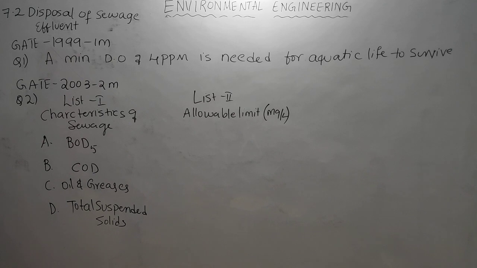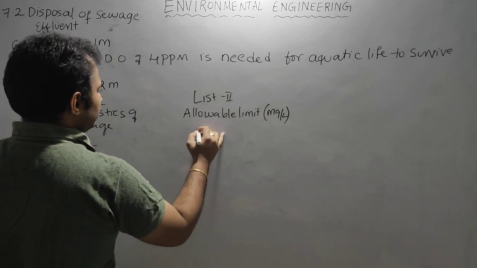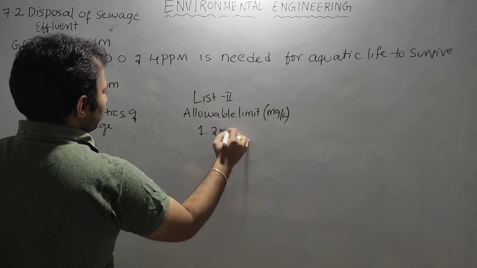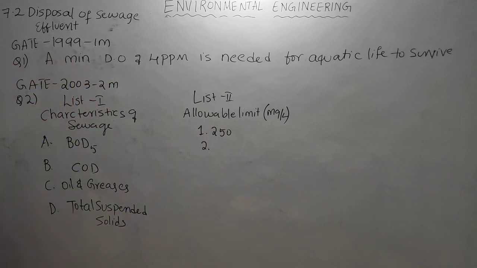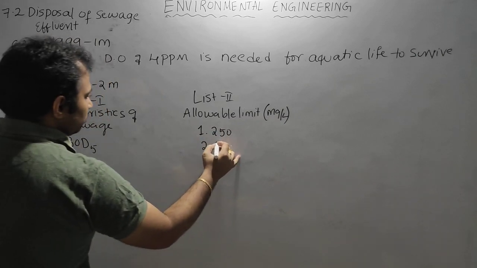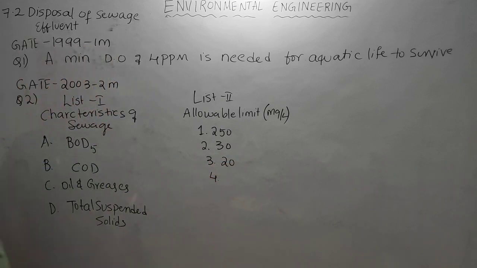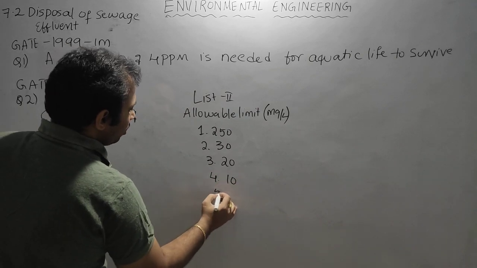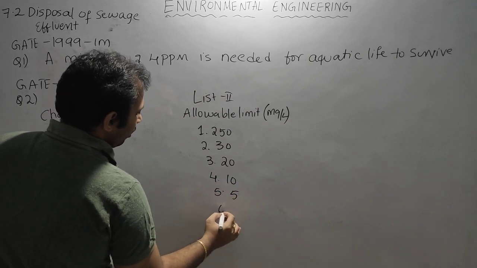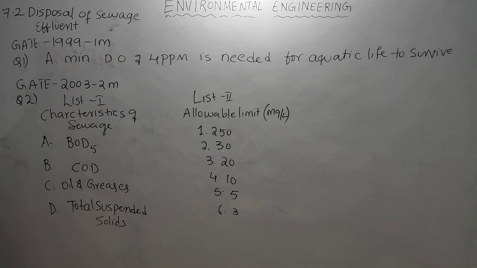Allowable limits: 1 is 250, 2 is 30, 3 is 20, 4 is 10, 5 is 3. So these are the values.